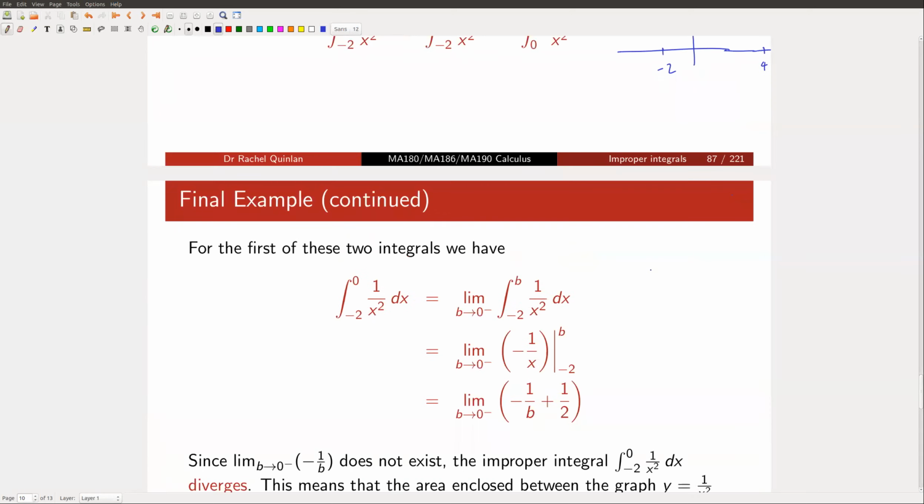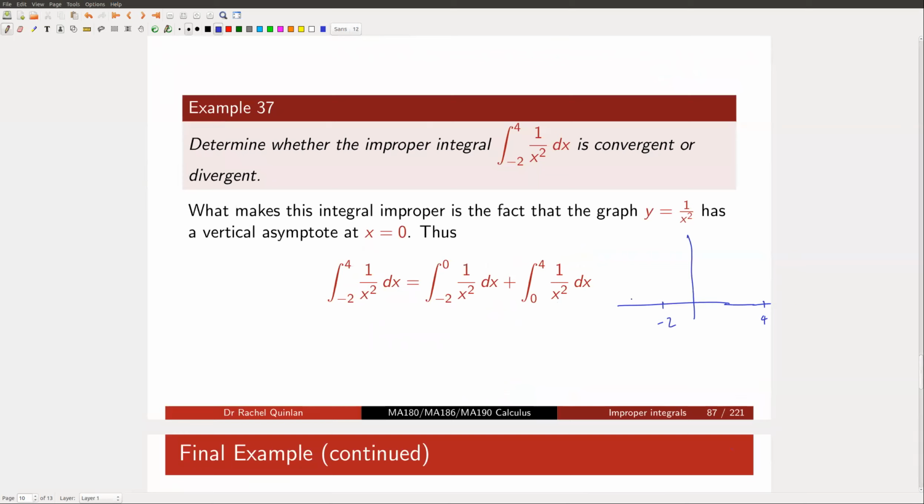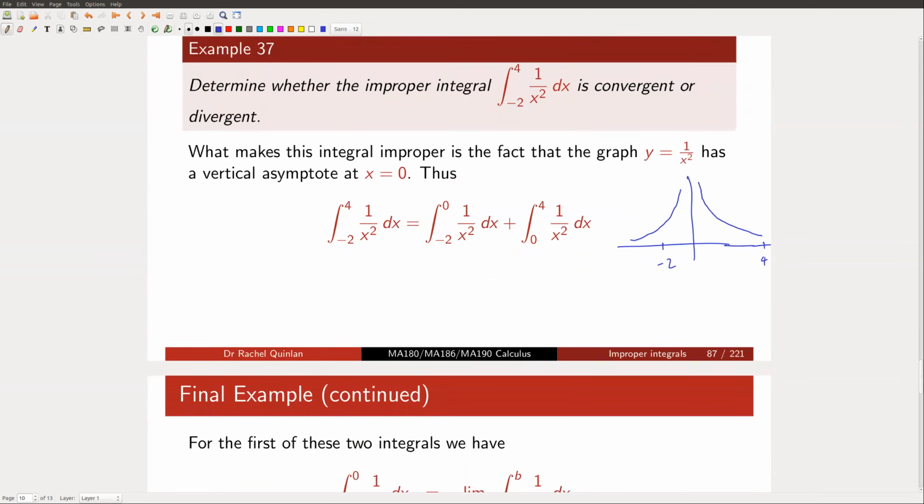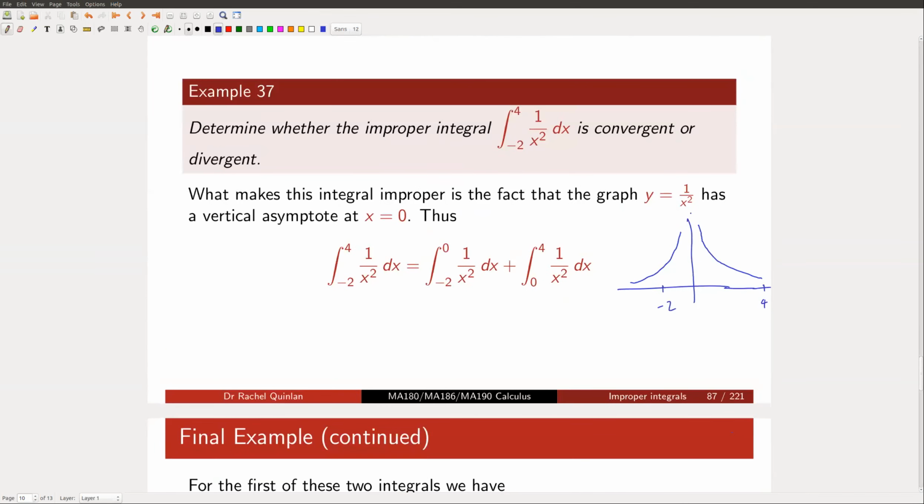The function y equals 1 over x squared is like this. It has this problem at 0 and around 0. And we would have to bear that in mind if we're trying to think about whether this integral exists or not. Just like before, the picture's not the same, but it's analogous.